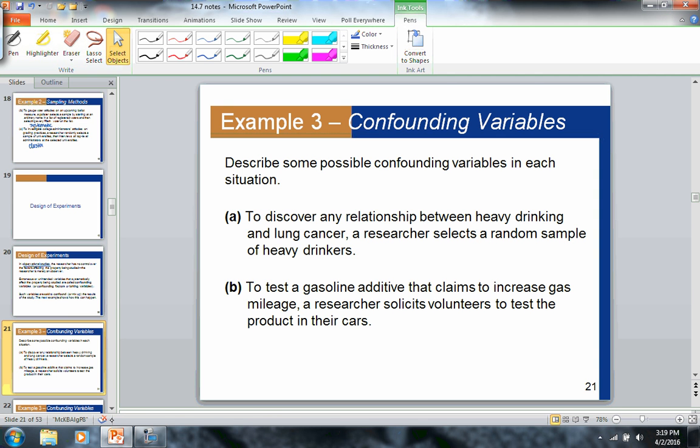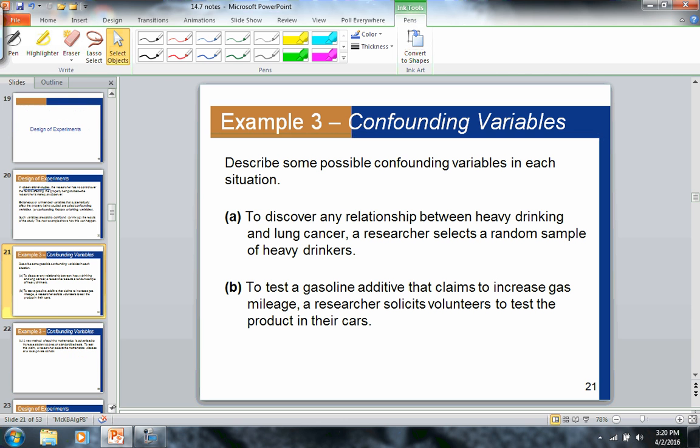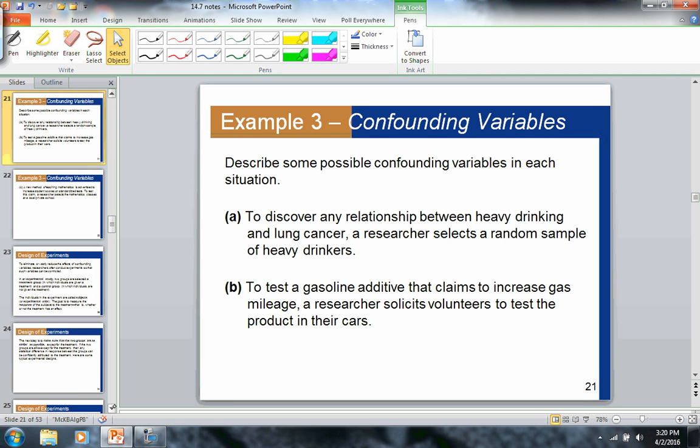So for example 3 here, let's see if we can think of what some of the confounding variables might be in these situations. So for part A, to discover any relationship between heavy drinking and lung cancer, a researcher selects a random sample of heavy drinkers.